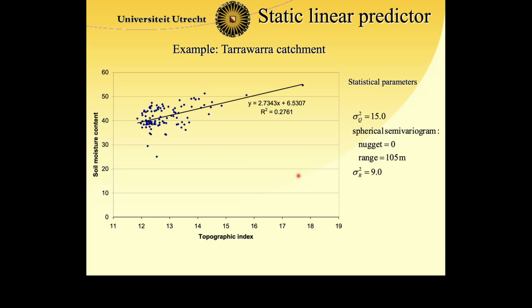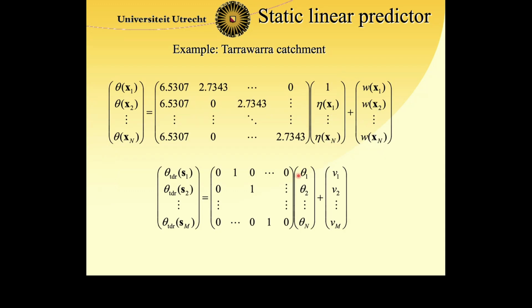So now let's set up the state equation first. We have n locations, a couple of thousand points on a grid, and for every location we apply this regression equation. That's our model.